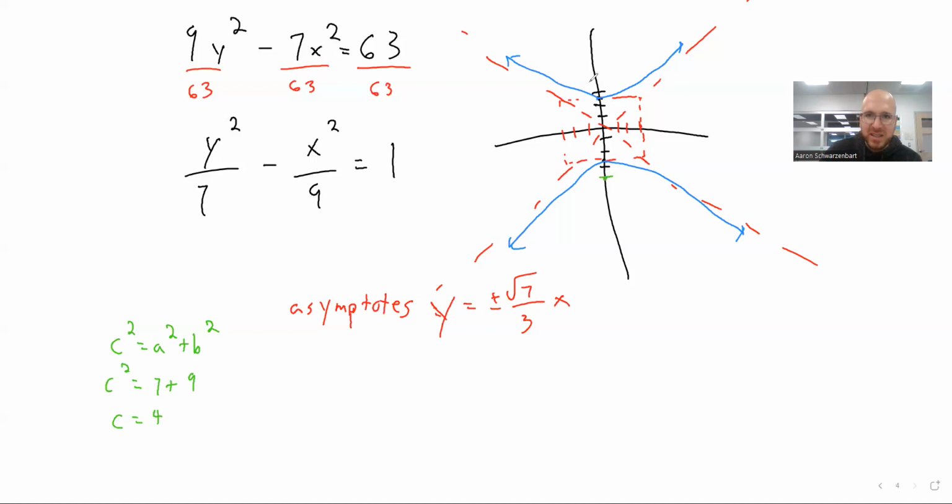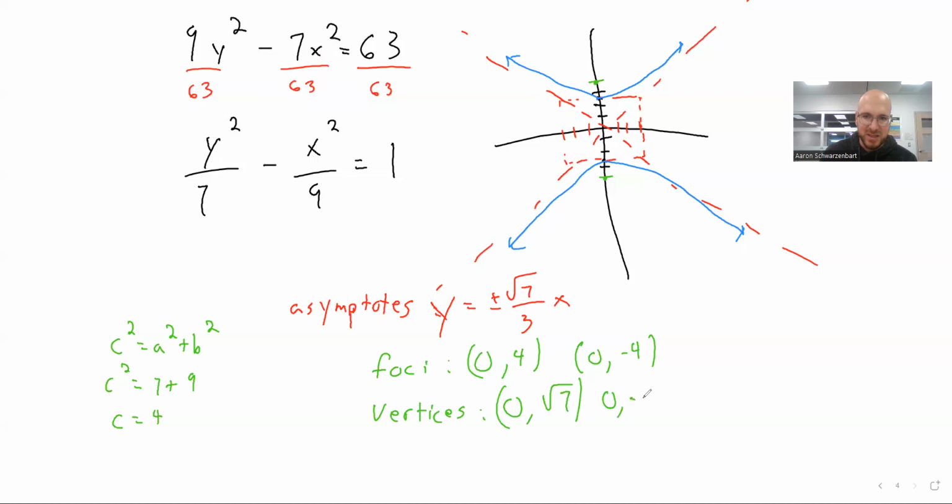So there's my foci here on my graph, and that is (0, 4), (0, -4). Vertices, those are in my graph: (0, square root of 7), (0, -square root of 7). And that's about as much information as I can give on that.